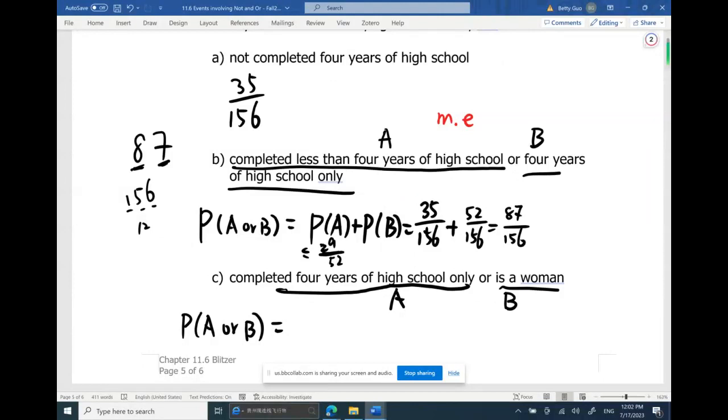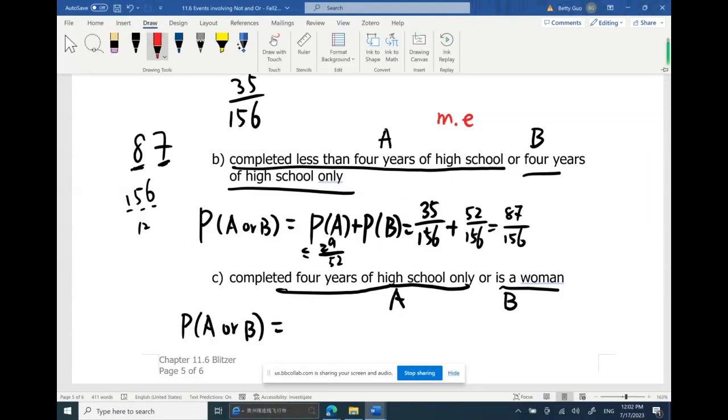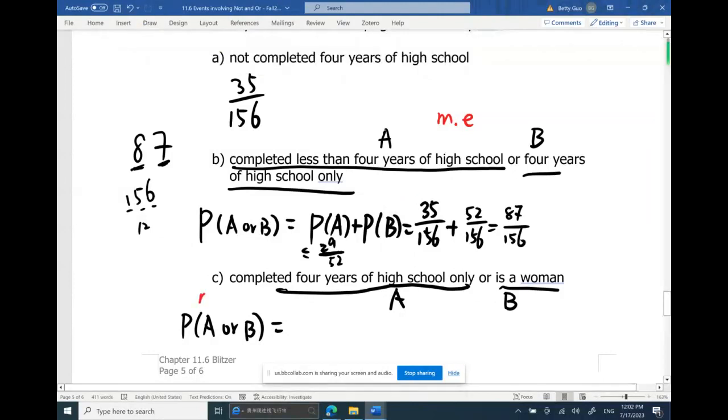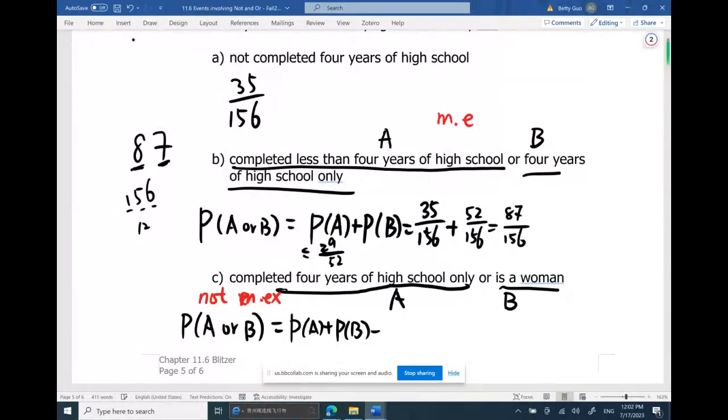They are not mutually exclusive because a woman could be in any educational category. So P of A or B equals P of A plus P of B minus P of A and B.